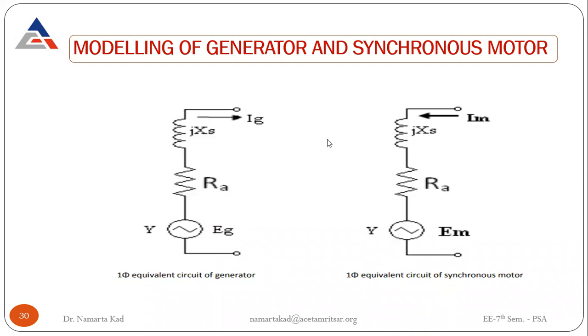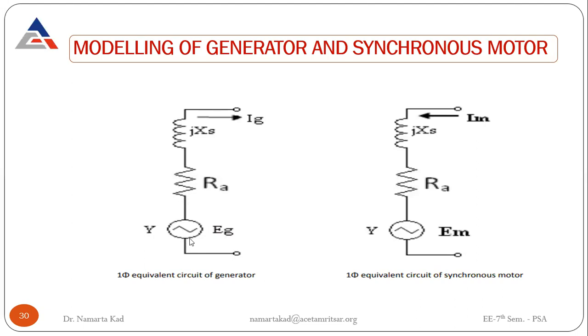The next topic after this numerical is the modeling of generator and synchronous motor. That means how the generator and synchronous motor are symbolized in the reactance diagrams or impedance diagrams. It's a very simple topic. Generally the generator and the motors are symbolized as one voltage source in series with resistance and reactance.